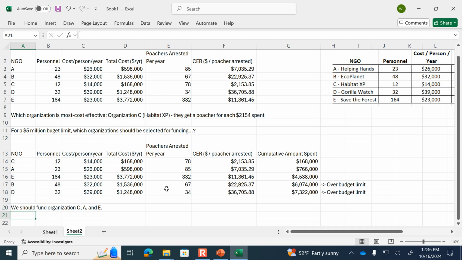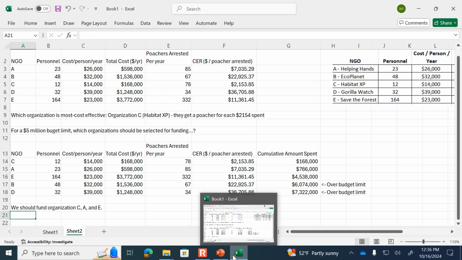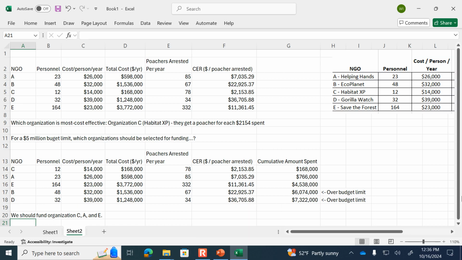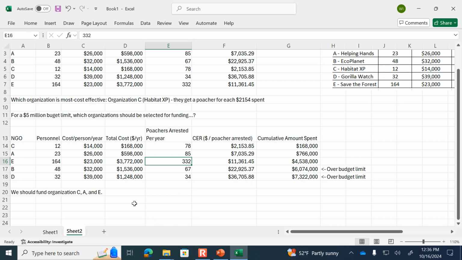And then it asks the question, if past trends continue, how many poachers would be arrested each year? So that means we're getting the poachers from organizations C, A, and E. So we would arrest, let me just do the math there, the sum of 78, 85, and 332.